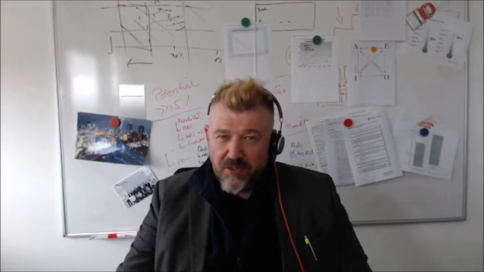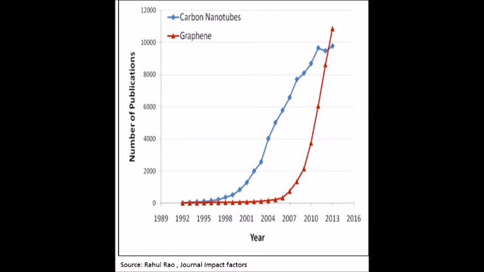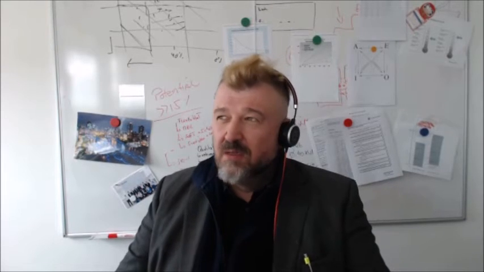In this diagram made by Raoul Rao, you can see how graphene overtook the number of publications in carbon nanotubes in the year 2010, when they won the Nobel Prize with this allotrope. And this is simply because when there's a new material, there's a lot to discover and to do research on.